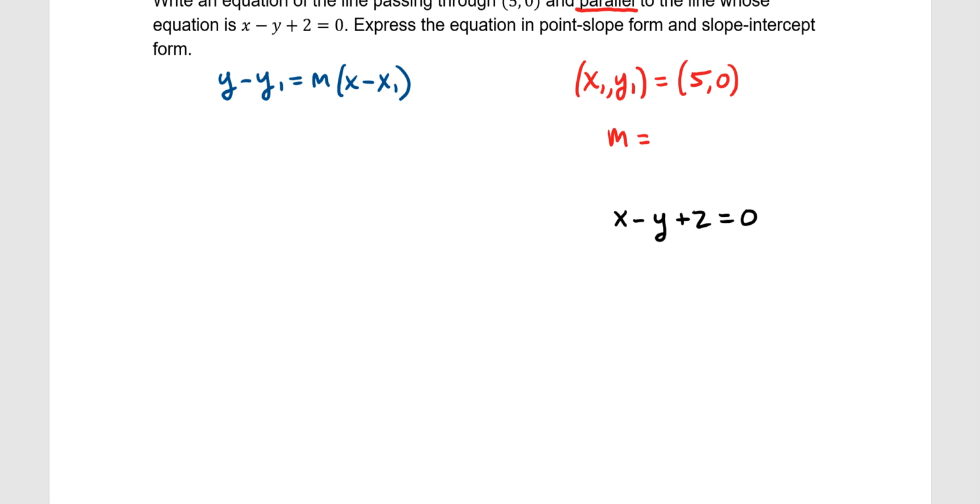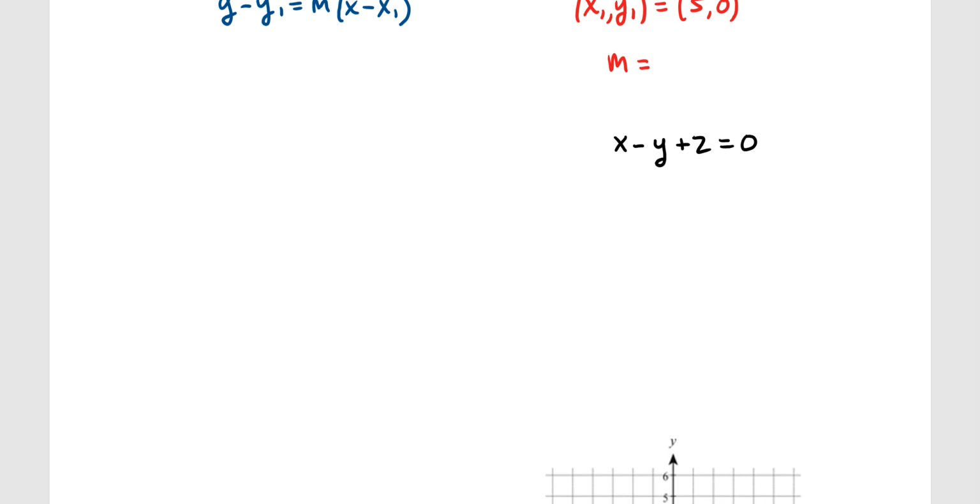So if we are solving this equation here on the right for y, all we have to do is add y to both sides. We would get x plus 2 equals y, or just y equals x plus 2. So the slope of this line is going to be 1, because there's a 1 there that's not written.